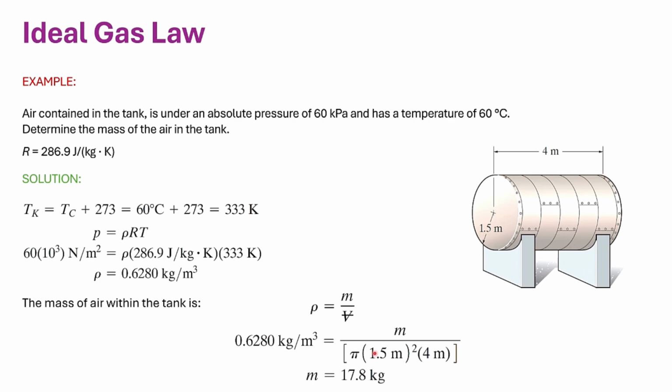So that is pi r squared times 4. So the denominator here gives us the volume of the tank. And then we know the rho, we calculated that as 0.628 kilograms per meter cubed. So we can find m. So m equals this number multiplied by this. So m equals 17.8 kilograms. And this is the final answer for this example.